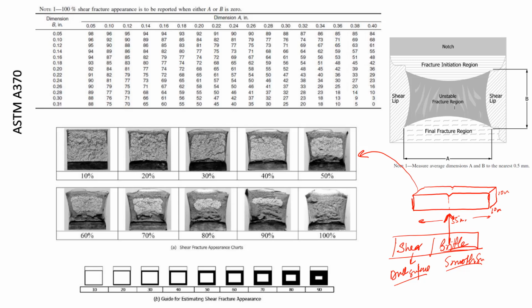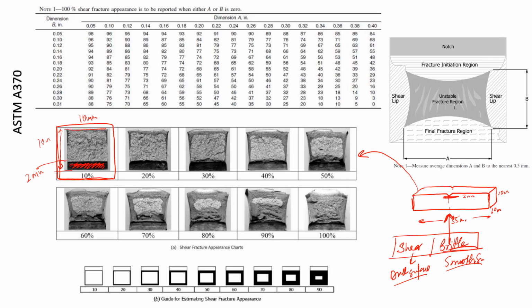Now let's see option A, the first case here. This black portion is your notch portion. This notch has a depth of 2 mm, right? So this complete length is your 10 mm, but out of this 10 mm this black portion is 2 mm, and this side it is a complete 10 mm.